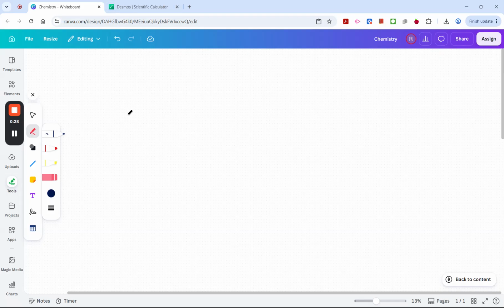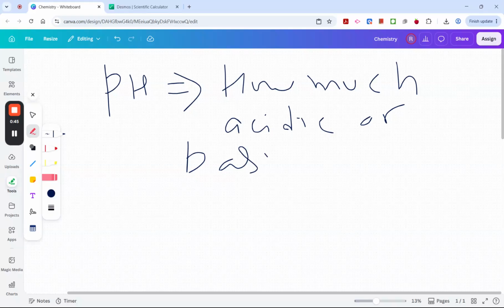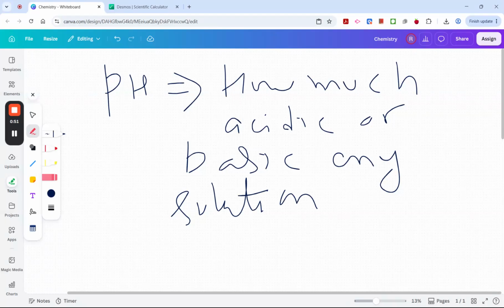It's pretty easy. First, a little bit of introduction: what do we mean by pH? pH tells you how acidic or basic any solution is in terms of concentration.